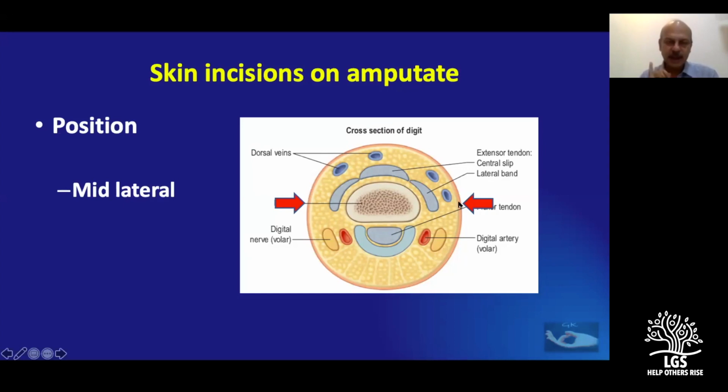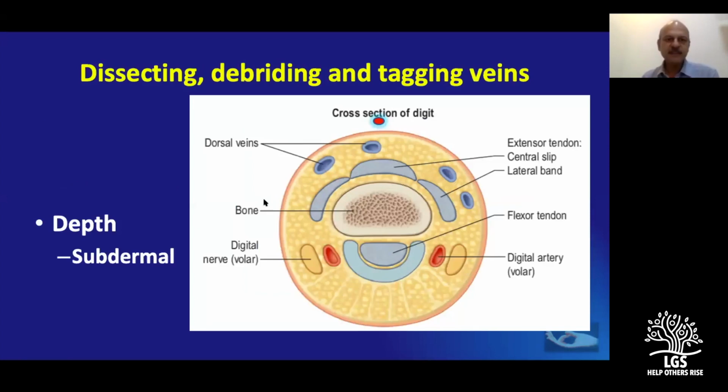Whatever is done, either a mid-dorsal or a mid-lateral incision must be made and the skin raised. Till what position are we going to raise the skin flaps? The first thing we should remember is there are two ways of dissecting. The first structure that should be identified in the amputated part is the vein. The artery has got its own structure.